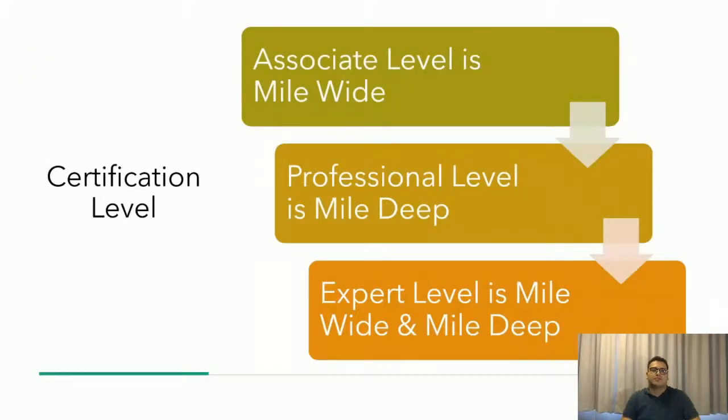So let me share something about what you need to think. Associate levels are a mile wide, covering multiple services, but from the fundamental level. When it comes to the professional level, again the services are not too many, again the core services, but a little bit deeper, testing more understanding of those core products, like what can be the possibility of the solution, whether this will fit or is available, or any kind of limitation, or whether the solution is doable or not.